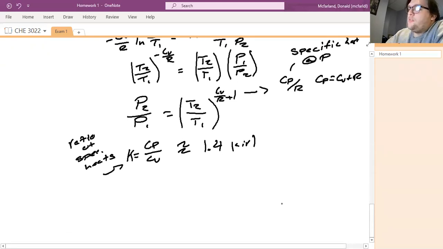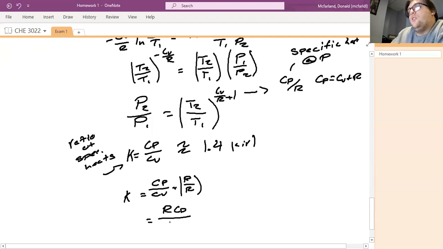So what this means is we want CP over R. And notice we already have a CP in the numerator, but we're missing an R in the denominator. So let's multiply by R over R. That'll get us RCP over RCV.